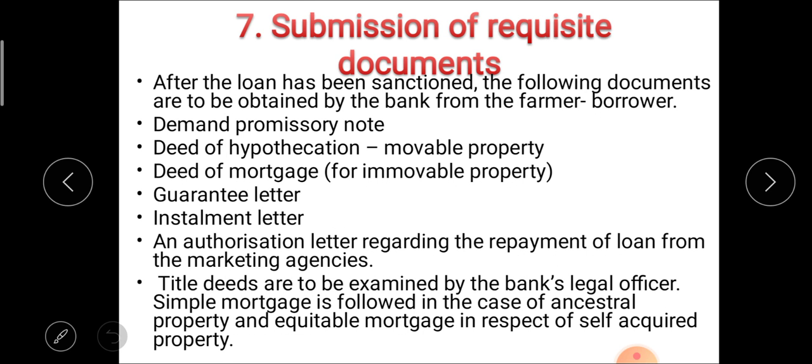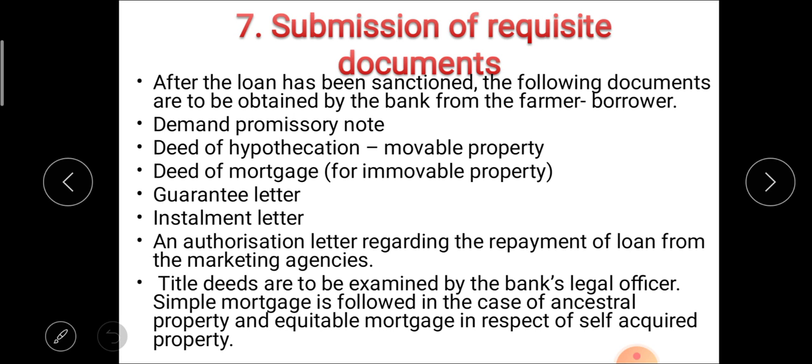Okay, after that, seventh one, submission of requisite documents. After sanctioning of the stipulated amount to the farmer borrower, the following documents need to be submitted by the farmer borrower. First one, demand promissory note, then deed of hypothecation, then guarantee letter, installment letter, authorization letter, etc. The title deeds are to be examined by the bank legal officer.